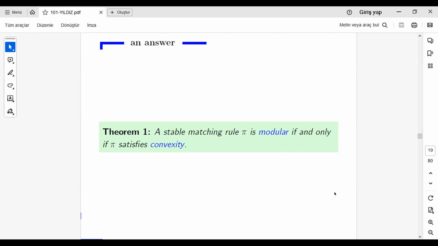So for us, this theorem is saying that essentially any stable matching rule with this proviso of respecting convexity can be gotten by a modular assessment. And why is this nice?